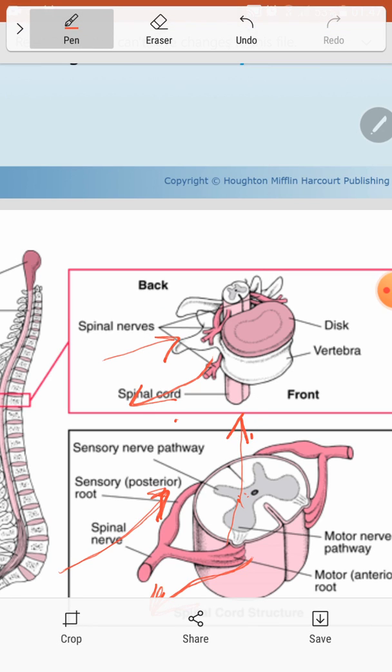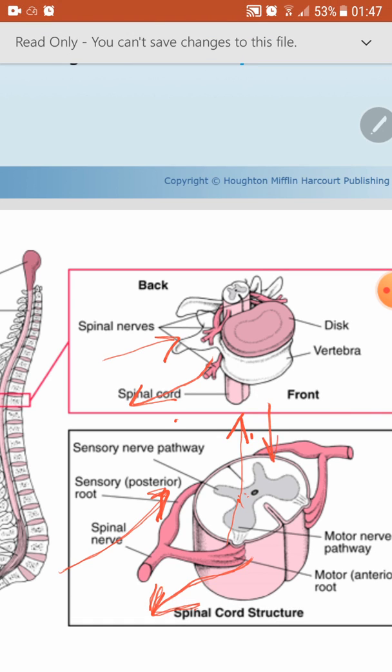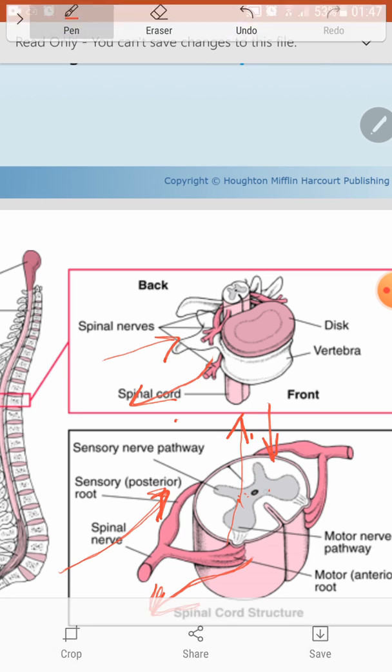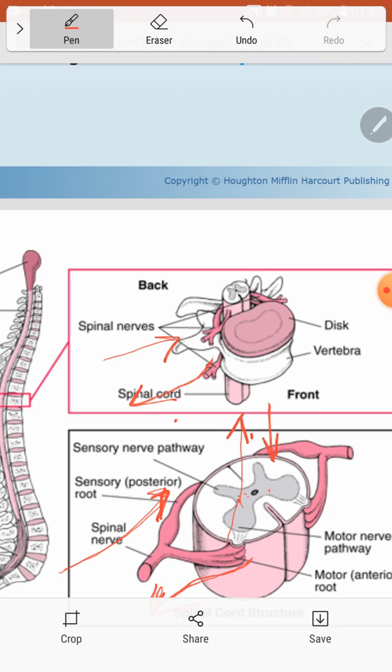The brain will interpret what this feeling is inside the cerebrum, as we studied yesterday. Then it will send another impulse. This impulse will come to the spinal cord, then move out of the spinal cord through motor neurons to your hand to move it out.